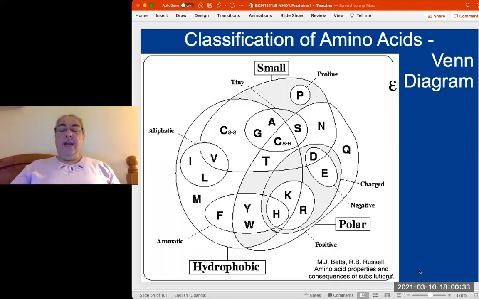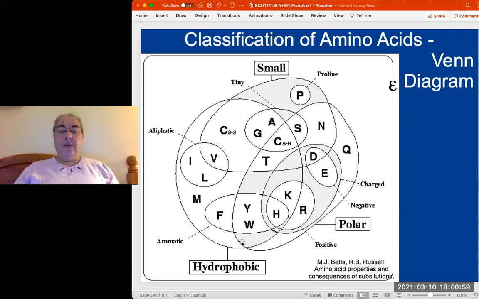Okay, so another way of classifying amino acids is to think of it as a Venn diagram, like this. So here are different groupings. Here, for instance, is a category of small amino acids, and within that category is a category of tiny amino acids.